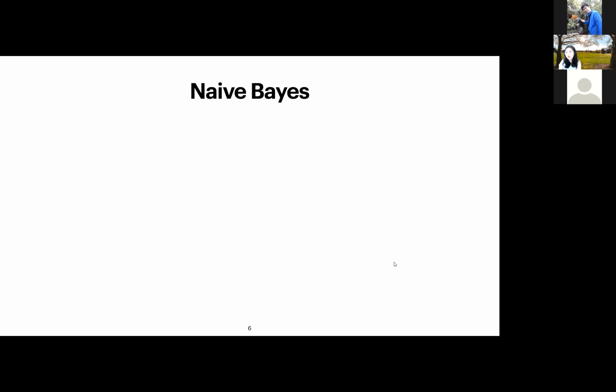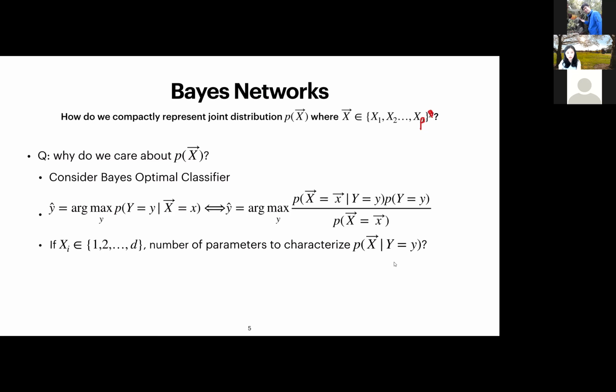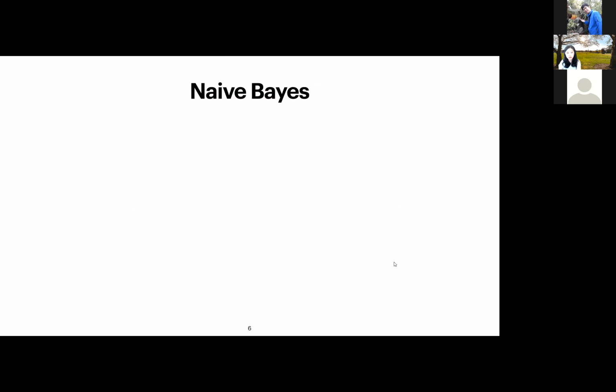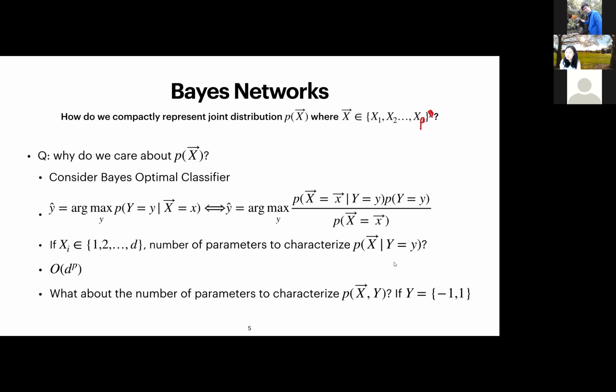Okay, so what I'm saying is, it seems to be very difficult to completely represent the joint probability, even if D is finite, right?